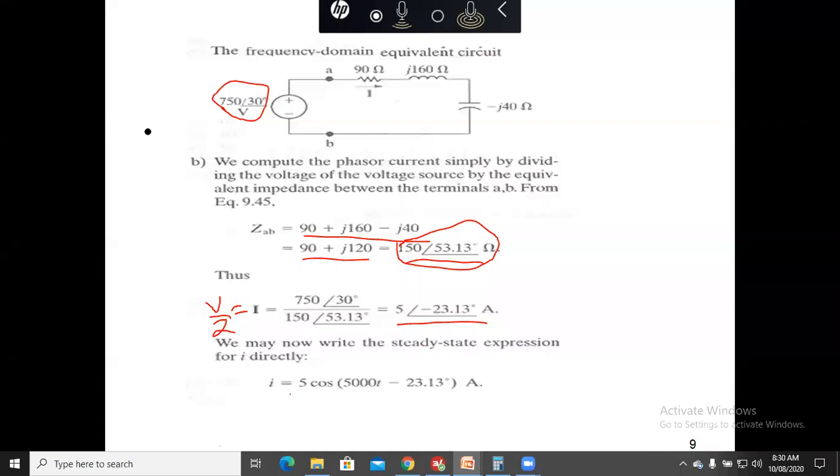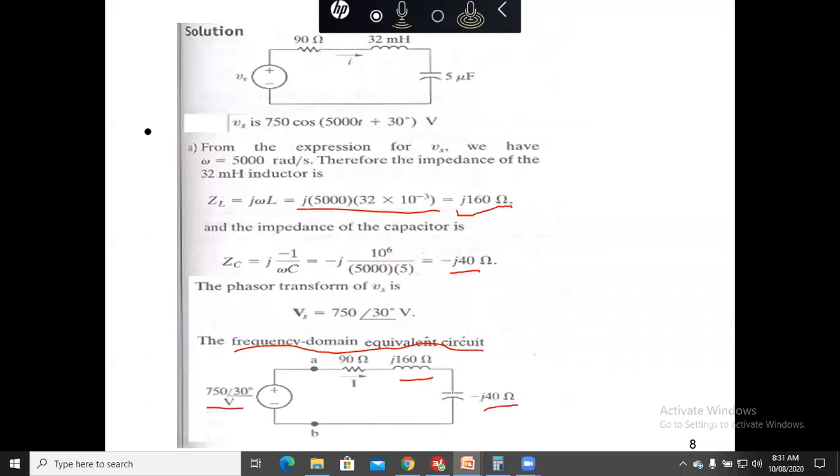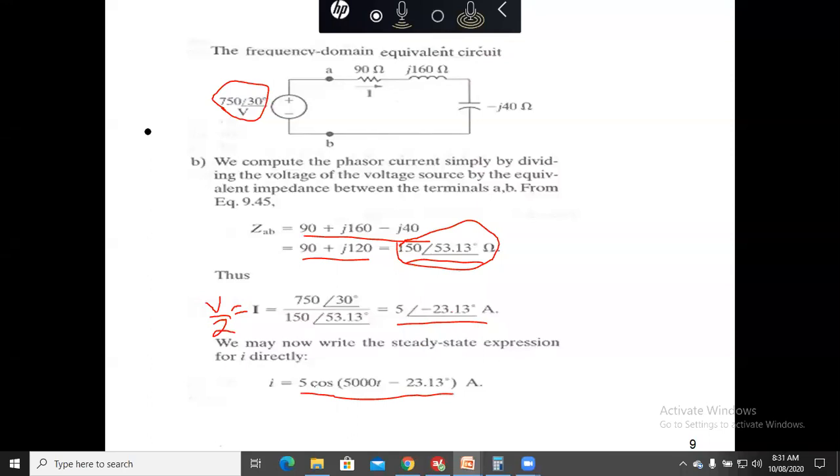We know this value is written in the time domain form because the value of omega is known, and here we have the supply voltage in cosine form. So we have this in cosine form, and the amplitude is 5, and the phase angle is here.